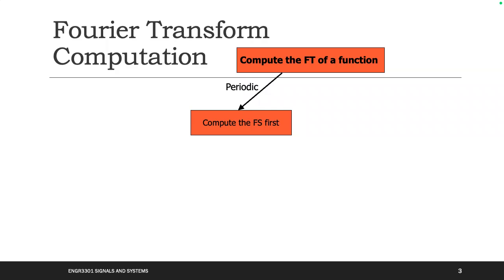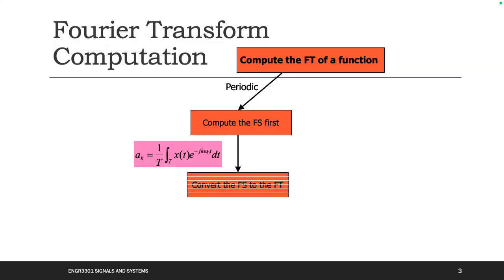Compute the FS coefficients first, and then we know we can use this equation for the FS coefficient. Usually we can use some properties to calculate the FS coefficients. After that, you can convert the FS to FT with this equation.